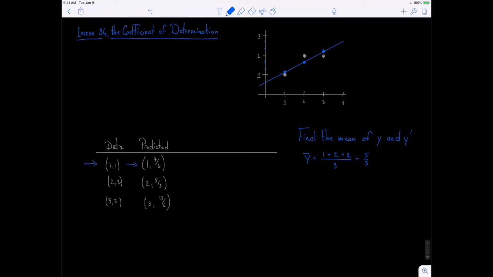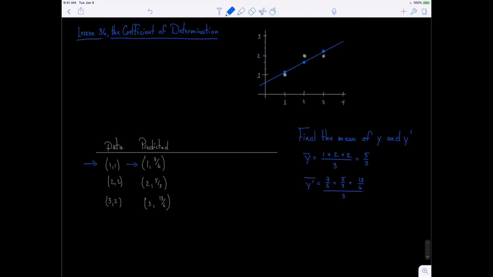And then now here's y prime, let's find the mean of that. Well, now this looks harder. I have some fractions, so let's take 7 sixths plus 5 thirds plus 13 sixths. I'll divide that by 3. And I'm going to need a common denominator for this problem. So let's get that.